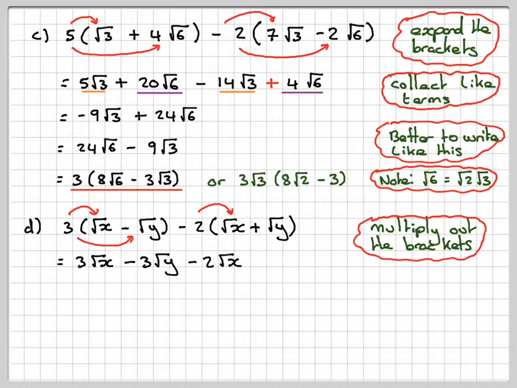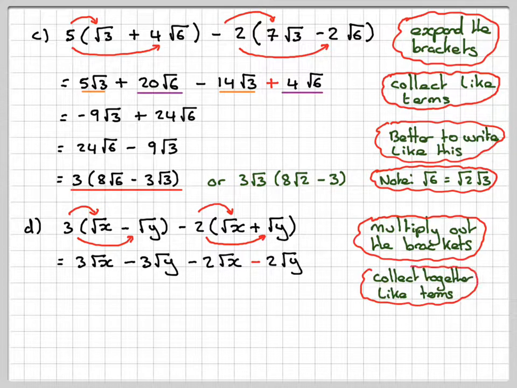And a minus times a minus is a plus, so we get plus 2 root y. Identifying like terms, these have root x, so we've got 3 lots minus 2 lots, that gives me 1 lot. We don't bother to write the 1 in. And then you've got minus 3 root y plus 2 root y, that's going to give you minus root y.